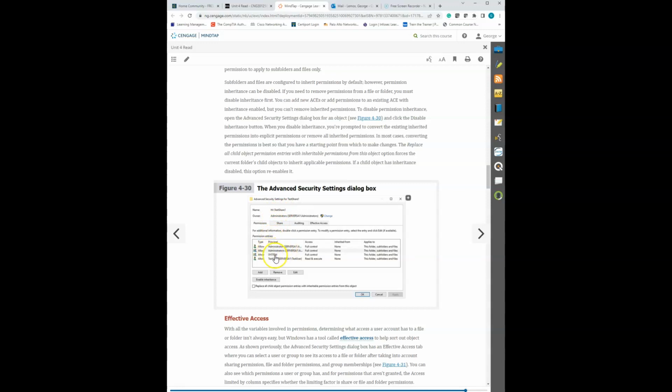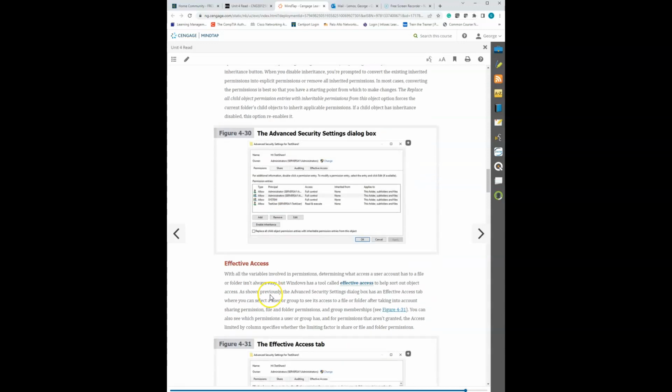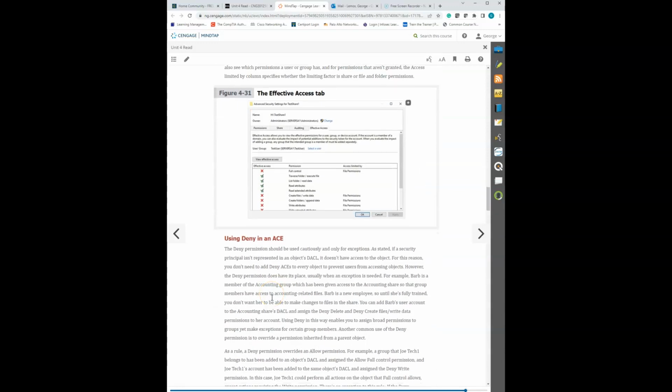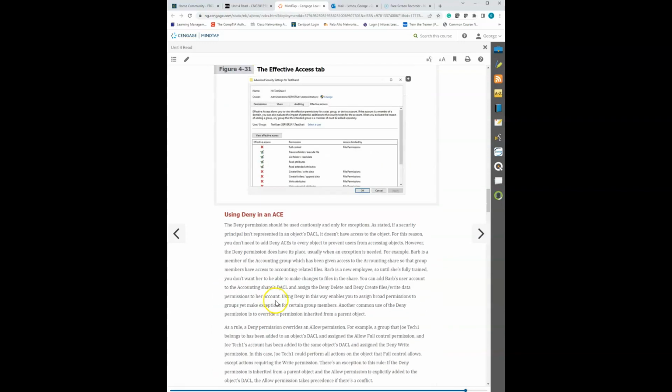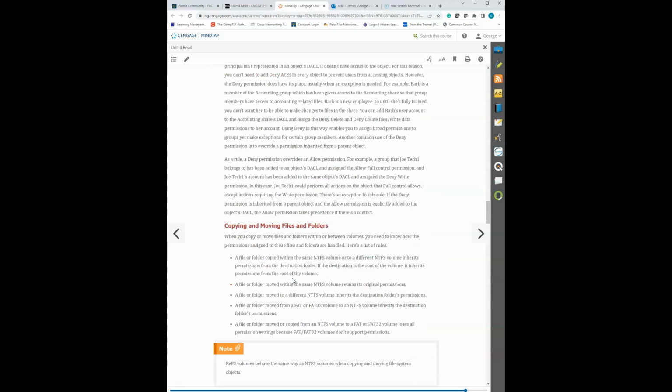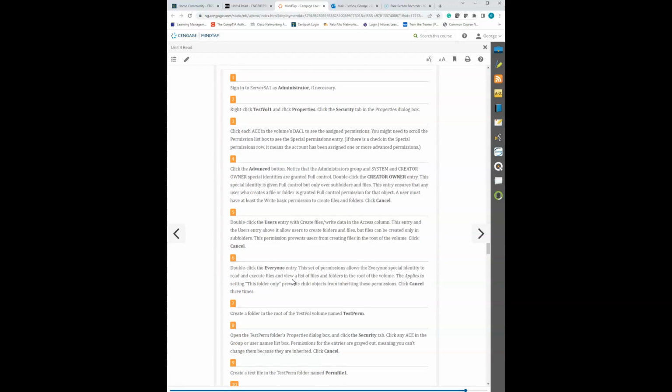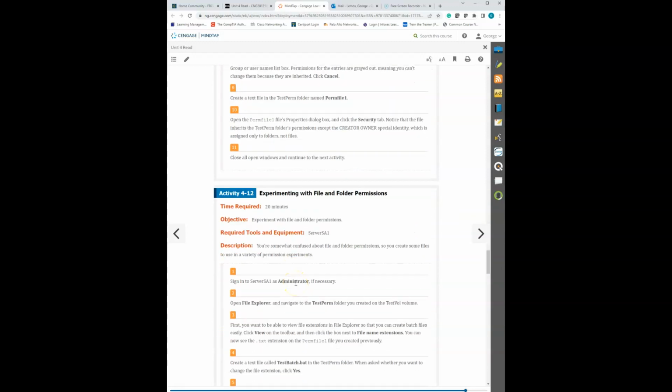But a little bit better way to manage it would be to make sure they're in a group, going from that route. And then you can see effective access. So we're still in the advanced sharing, and we can see the effective access of the administrators group. Pretty cool stuff to learn about, especially this week when taking a look at file systems.